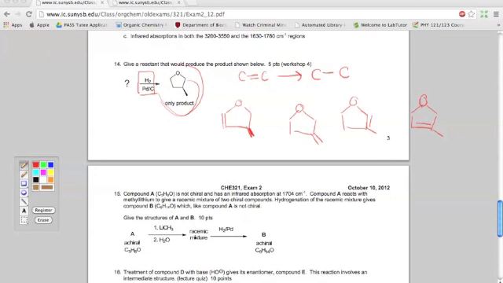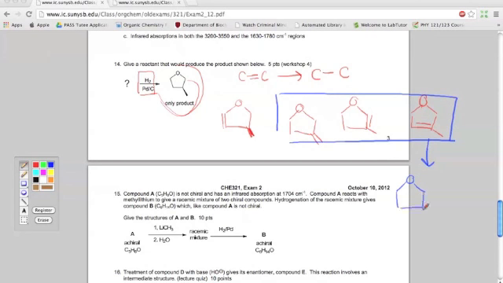Now, the issue with these three choices is that you are going to get a side product. For example, this one, when you use H2/Pd-C, you can get either that methyl in a wedged position, or in a dashed position.